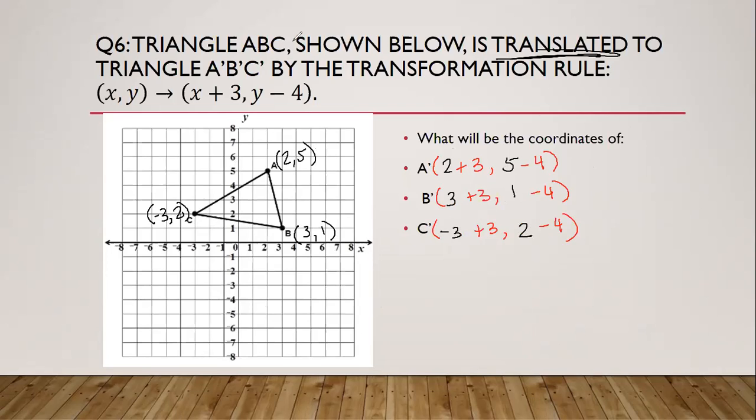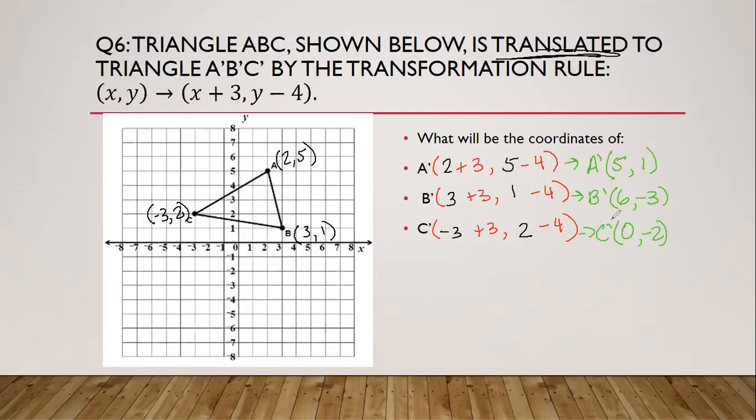Then I simplify. A prime: 2 plus 3 is 5, 5 minus 4 is 1. B prime: 3 plus 3 is 6, 1 minus 4 is -3. C prime: -3 plus 3 is 0, 2 minus 4 is -2.